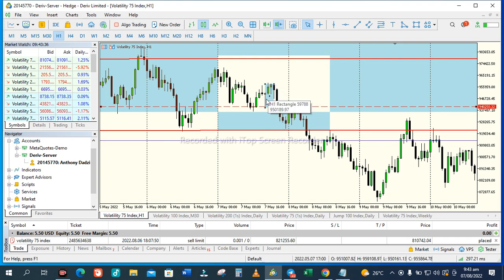So it tells us that this long area here is actually our order block. You get it? Yes, this is our order block. Sorry, trying to drag this. Anyway, let's maintain it this way.